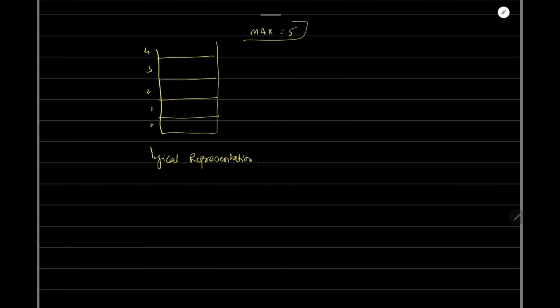If we assume that the maximum limit of the stack is 5, then it can store 5 elements. Also, one important thing we need to understand is that the stack can store only a single data type.